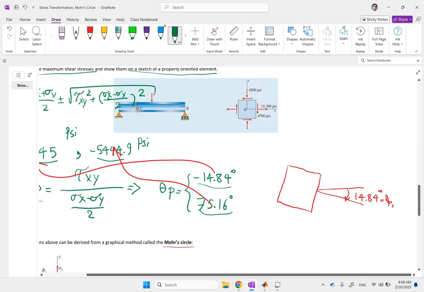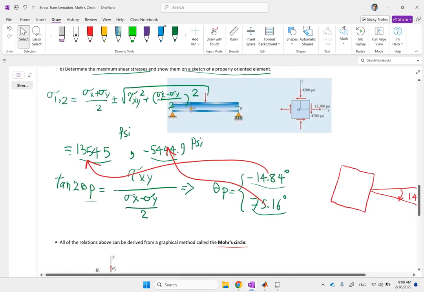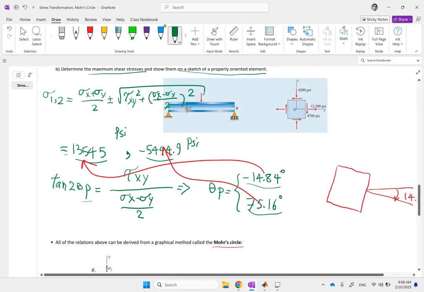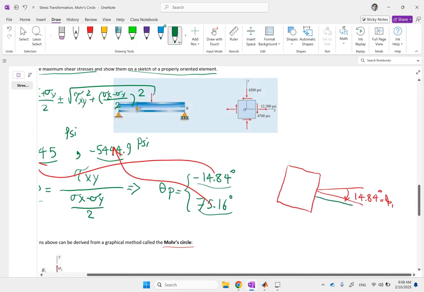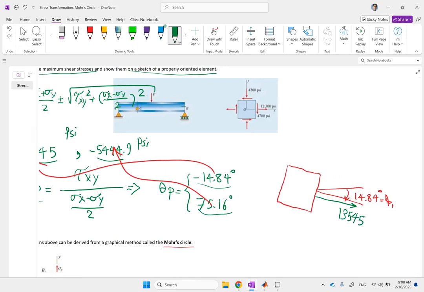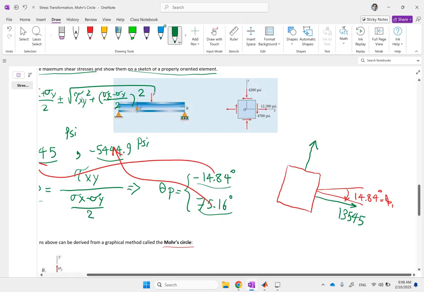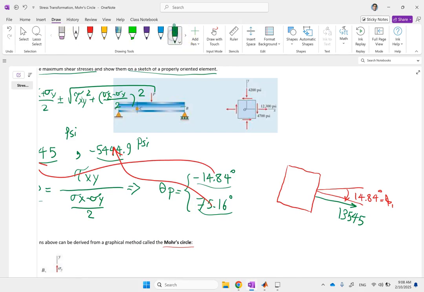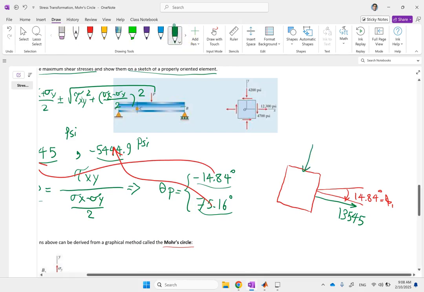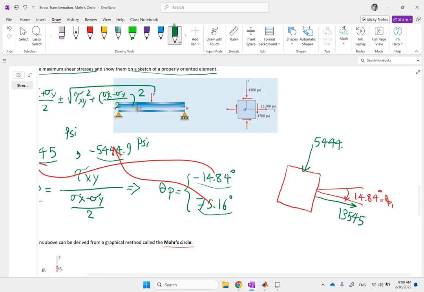And on this one, you can show a sigma of 13,545. And then on the next angle, which is this one at 75 degrees, the stress is negative 5,444.9. So you have to reverse the direction. It's a compressive stress. So it is going to be 5,444.9.